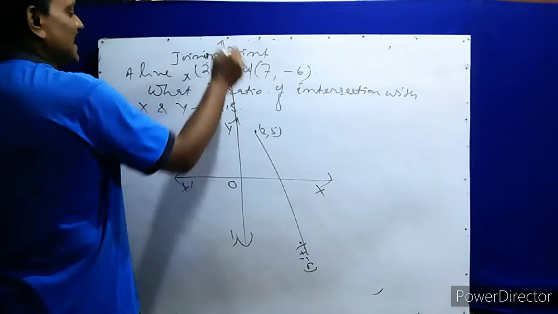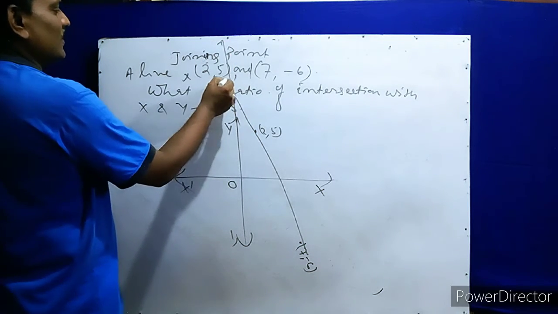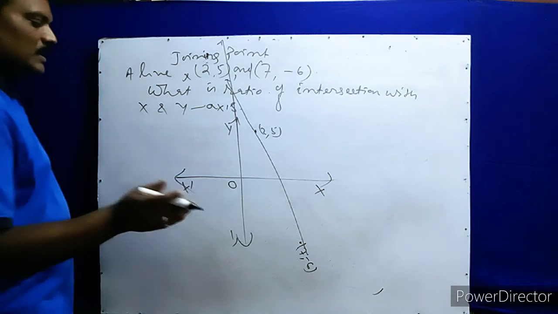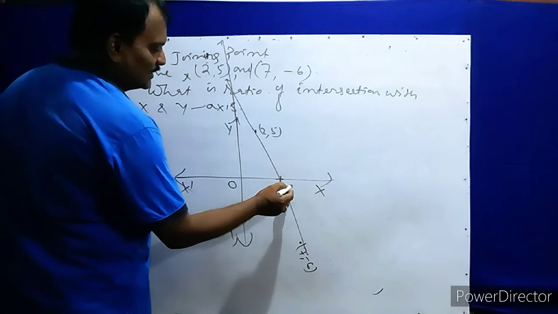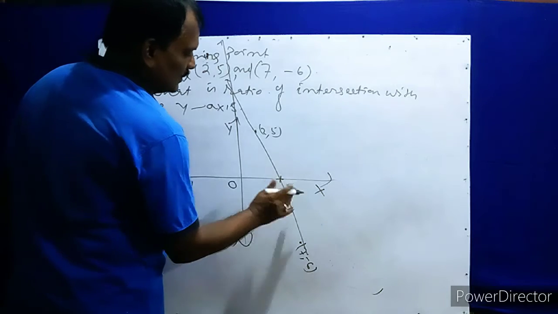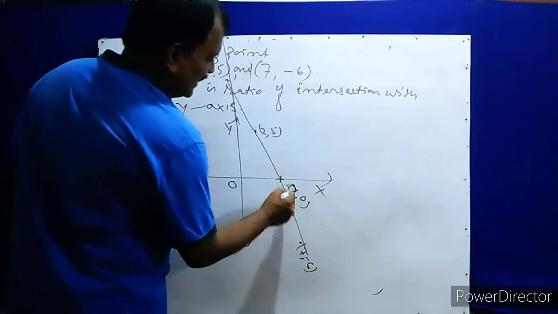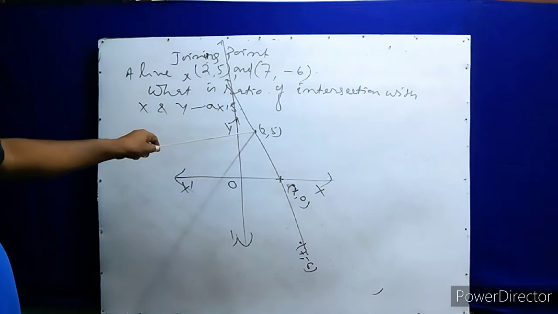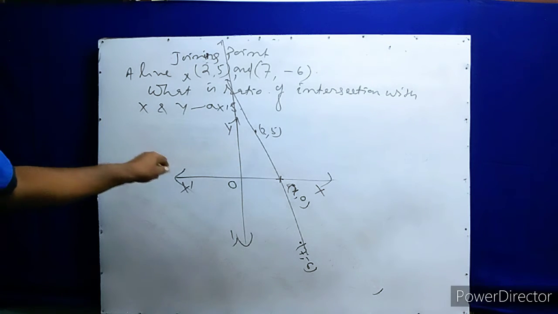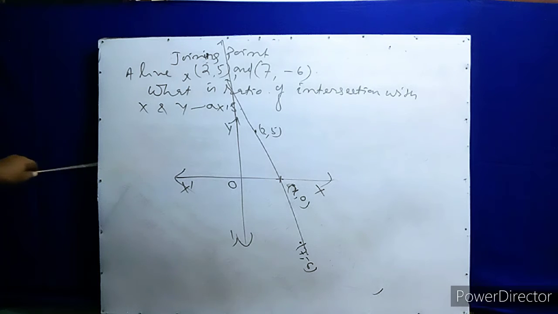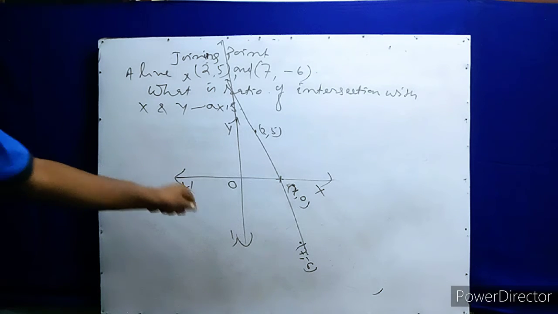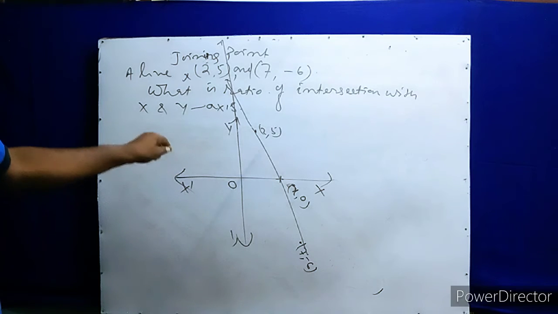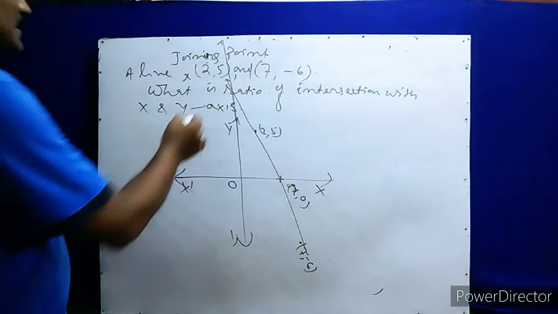On extending this line, somewhere it also intersects the y axis. On the x axis, let's say the point is x0. We have to find the ratio at which this line is intersected by the x axis, and at what ratio it is intersected by the y axis.